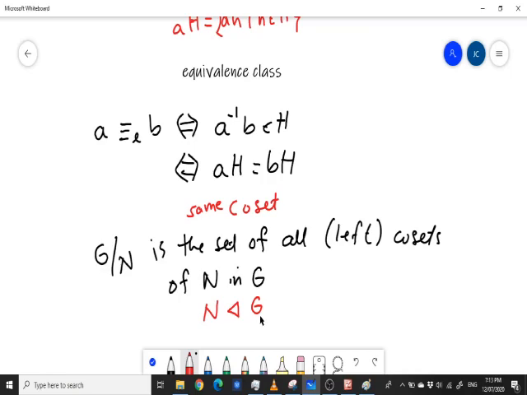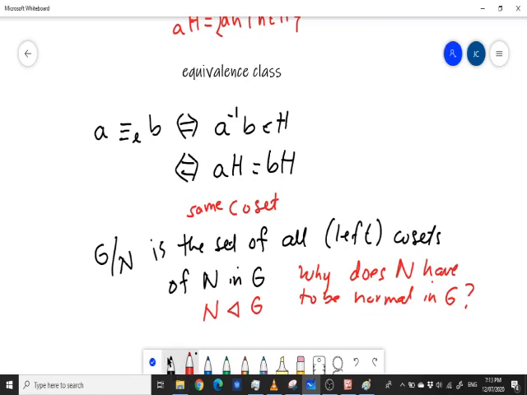That's a question. So this is the definition of G mod n, right? I think you can only define this modulo if n is normal. Why does it have to be normal? That's a very good question. Does n have to be normal in G for this to be defined?